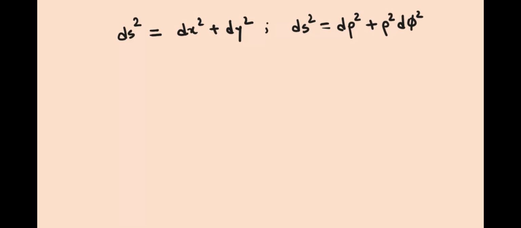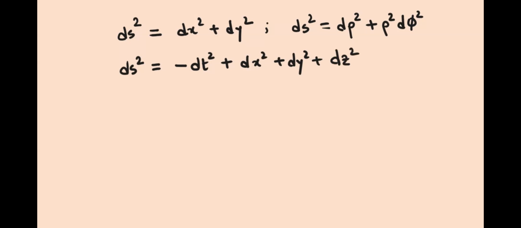In the Minkowski spacetime, we are introduced to the metric ds squared equals, because it's a four-dimensional spacetime, we now have time, so dt squared plus the spatial part, so for example dx squared plus dy squared plus dz squared, like that.